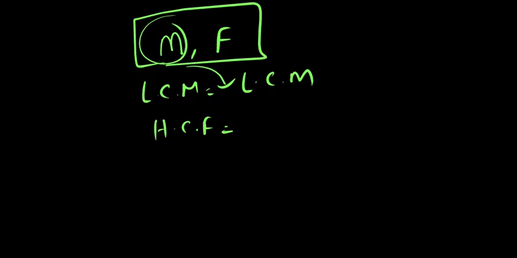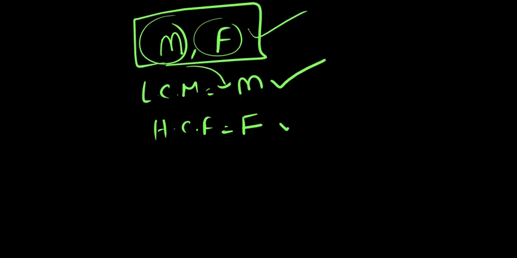So the factor will be the HCF. Here, the multiple will be the LCM and the factor will be the HCF. So here LCM and HCF have been completed, and let's do some problems for you to understand.